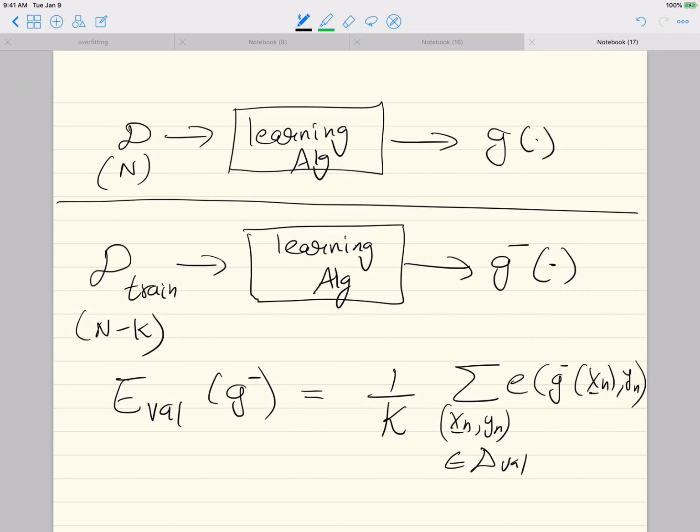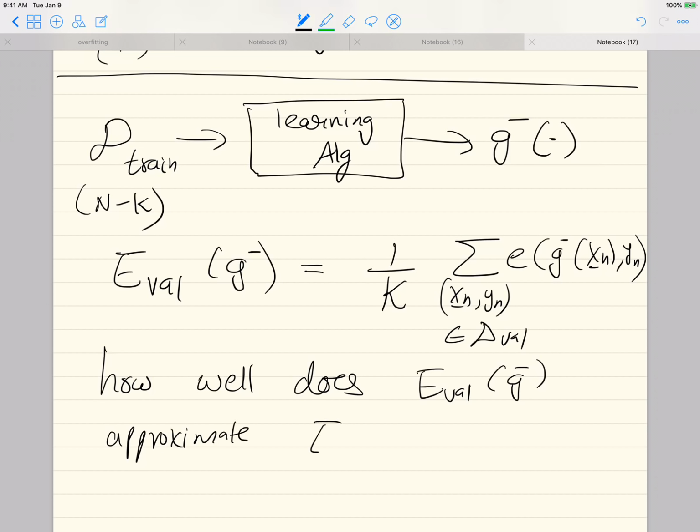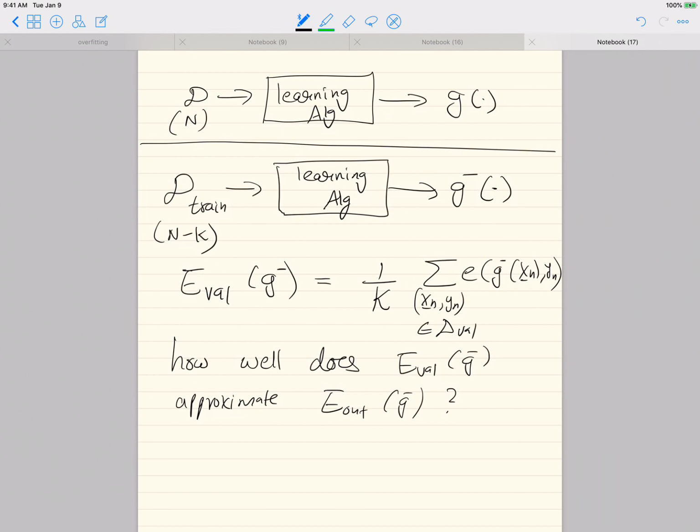And the question is, how well does Eval of G minus approximate E out of G minus? Can anyone give any guarantees on the relation between Eval and E out?